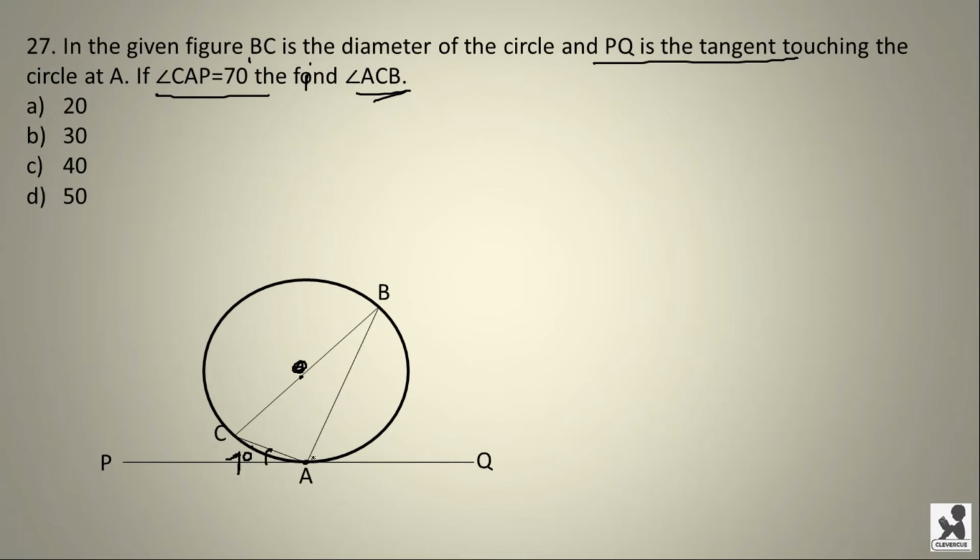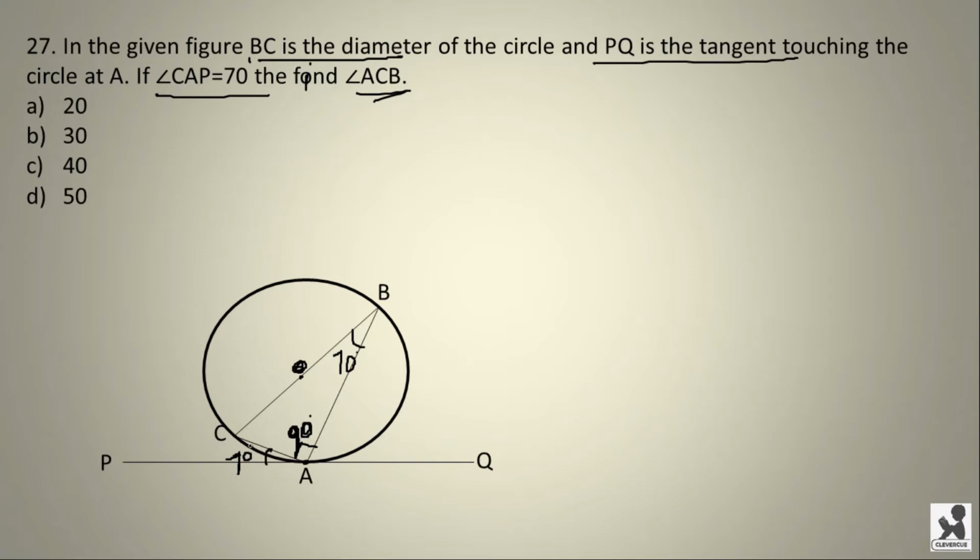If angle CAP is 70 degrees, according to the alternate segment theorem, angle CBA is also equal to 70 degrees. Now it is given that BC is the diameter, so angle BAC will be 90 degrees. I hope you understand why.